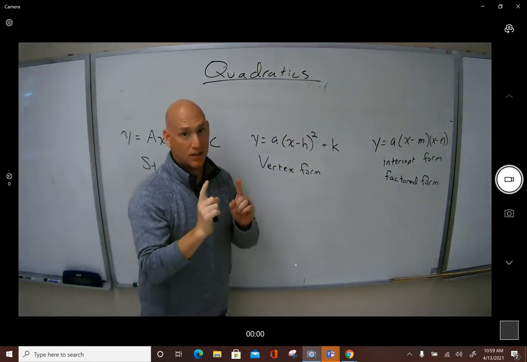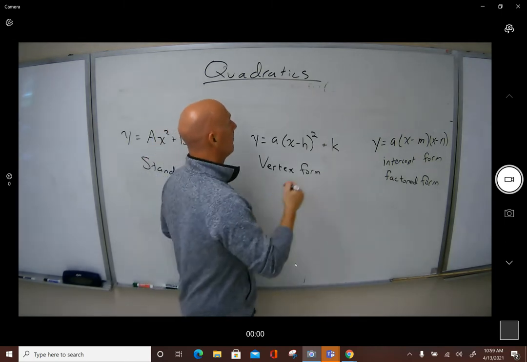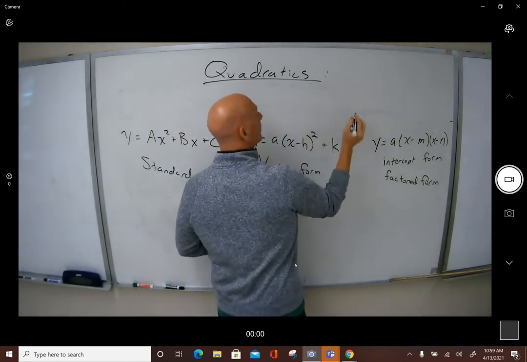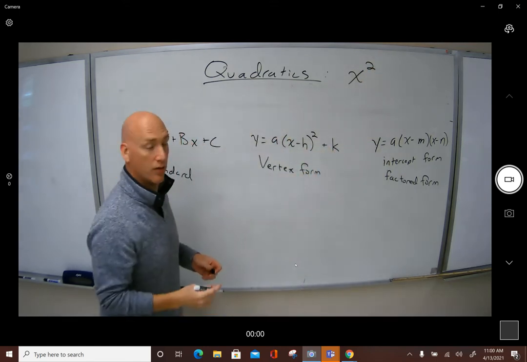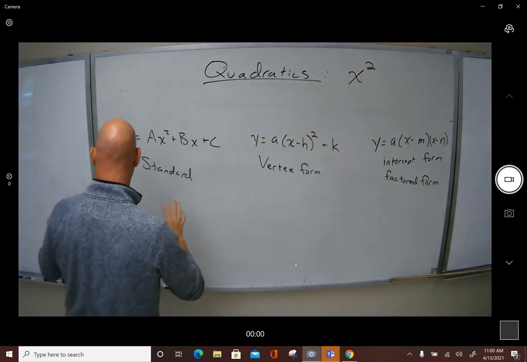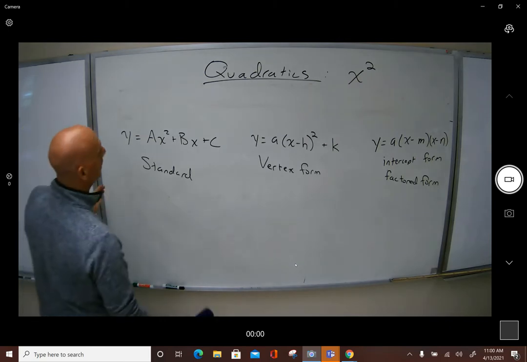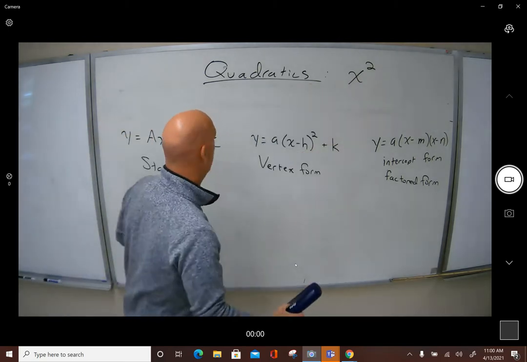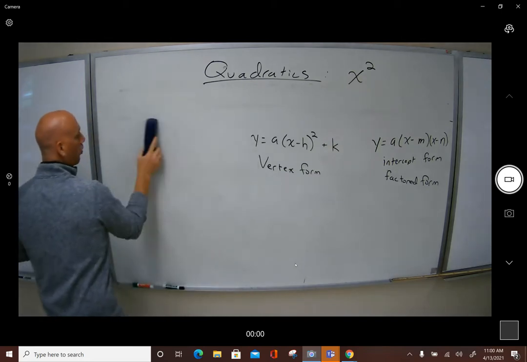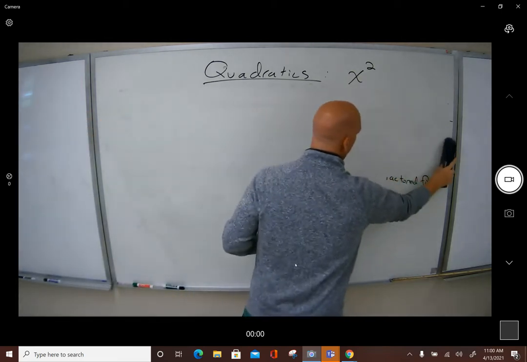So x to the first power, linear. Quadratics are when you have x to the second power and other things. So just to be clear, we're shifting gears now and we're going to look at things called quadratics, which is the form of the equation. And then they make a graph that is called a parabola.